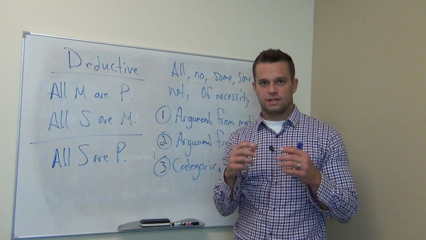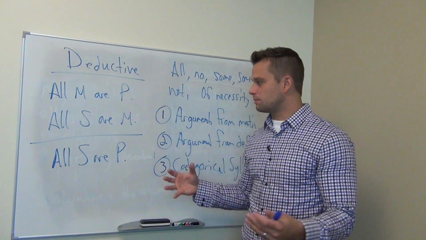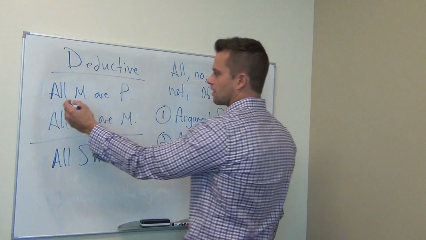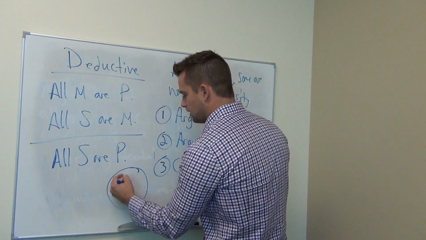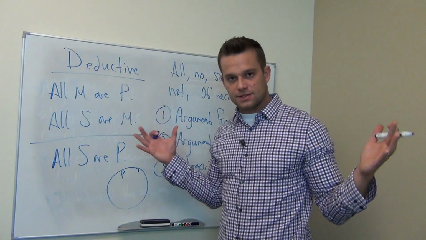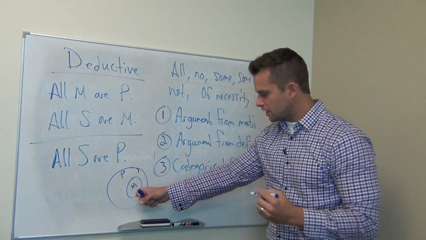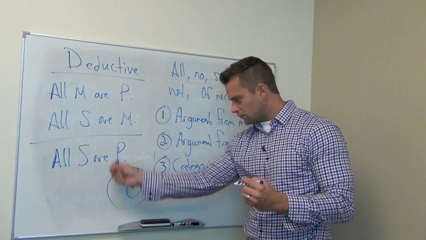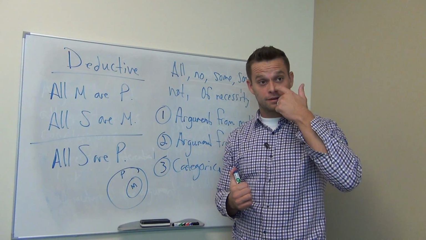So when I say something like all M are P, what I'm saying is that if I have a class P, then all the M's in the world fall under that class P. So can you think of a class M that would fall within class P? Correct. You're probably thinking the exact same thing I am.